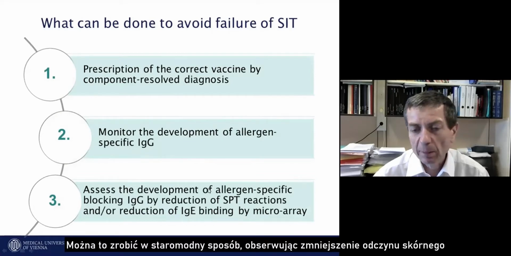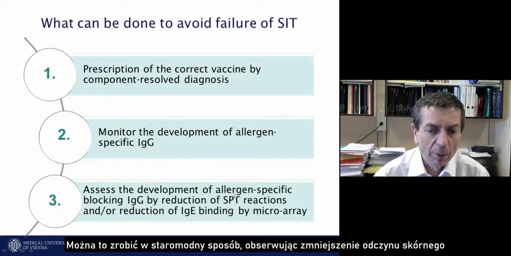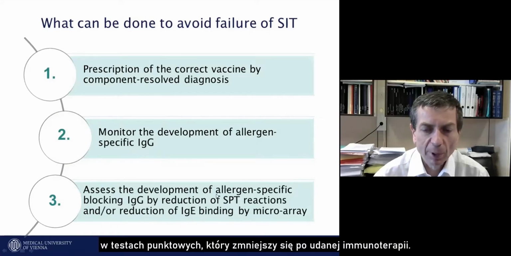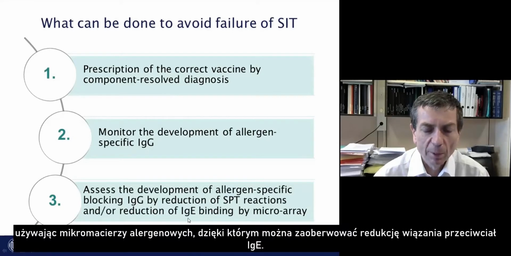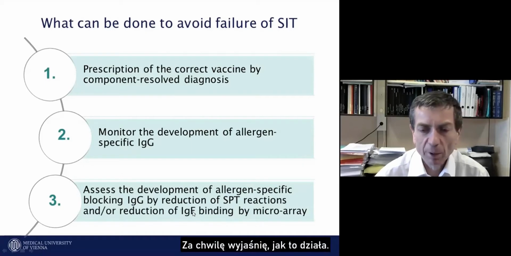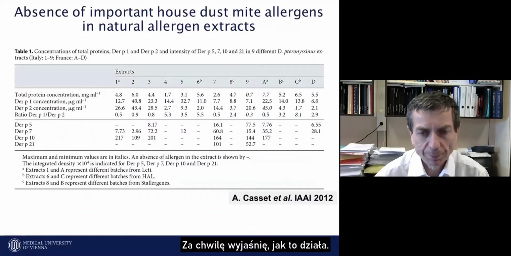And this can be done in an old-fashioned way by looking at the reduction of the skin prick test reaction, which will decrease after successful immunotherapy. But you can also do it by in vitro testing using microarrayed allergens by looking at the reduction of IgE binding. And I will explain to you how this works in a minute.